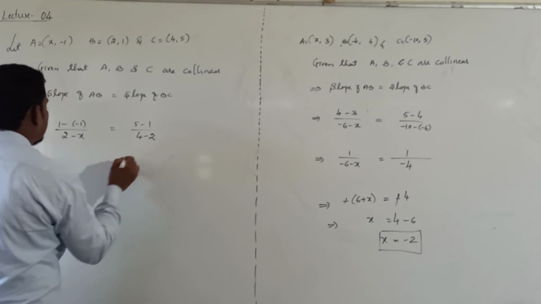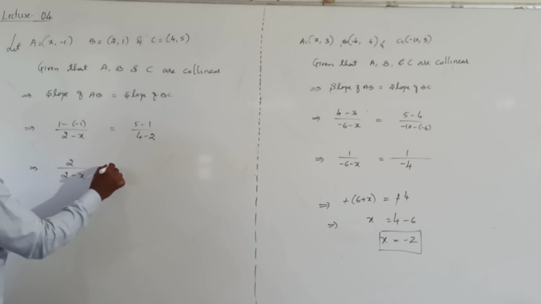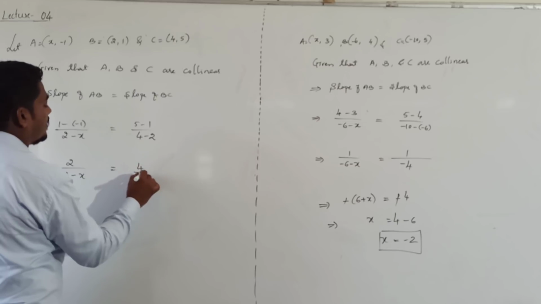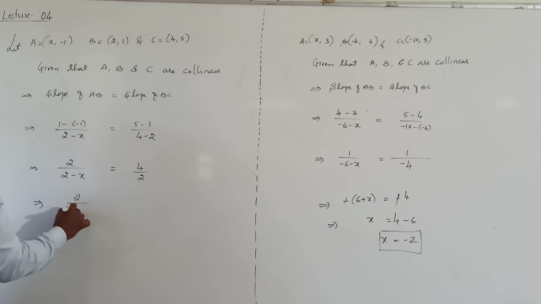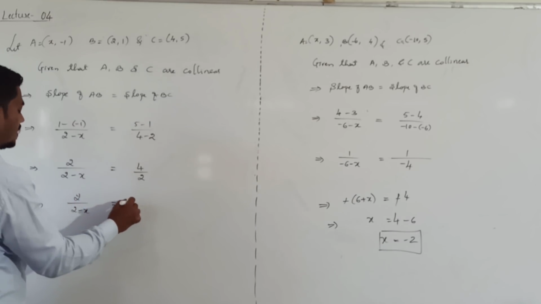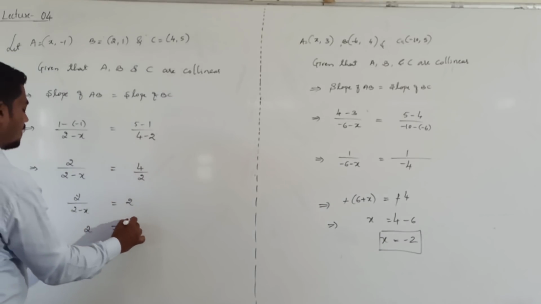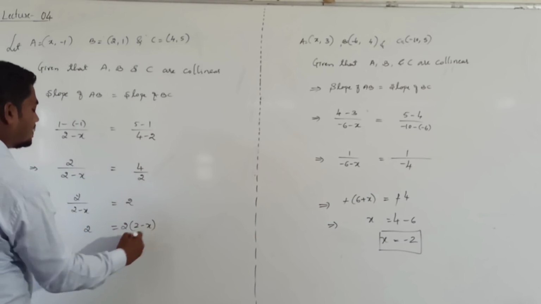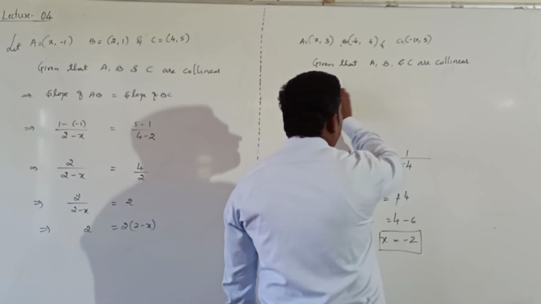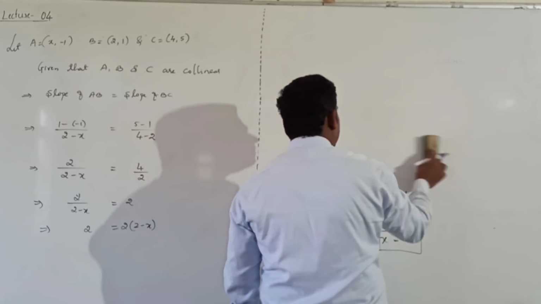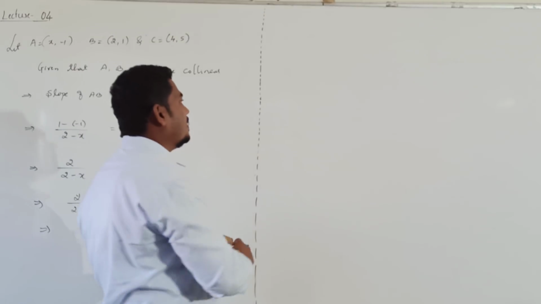That's 2 divided by (2 minus x) equal to 4 divided by 2, which is 2. Then just cross multiplication, or else the 2 gets cancelled on both sides.